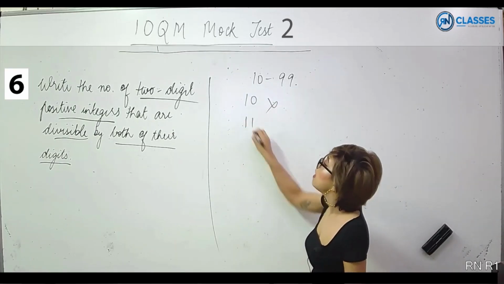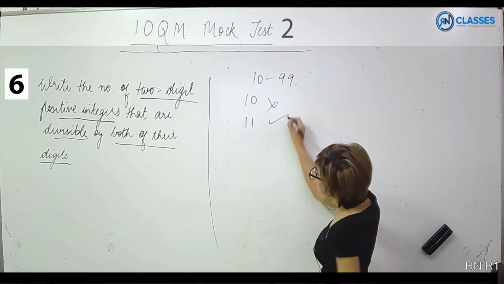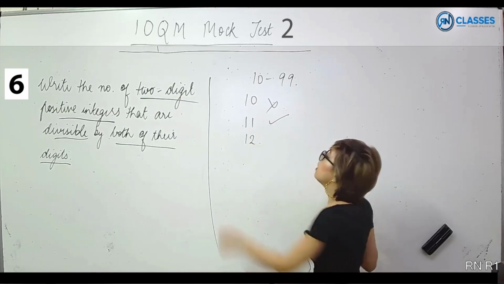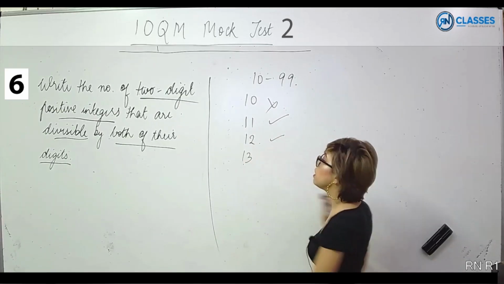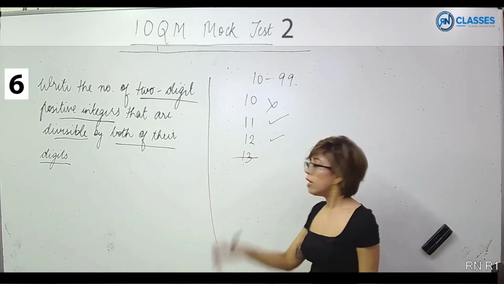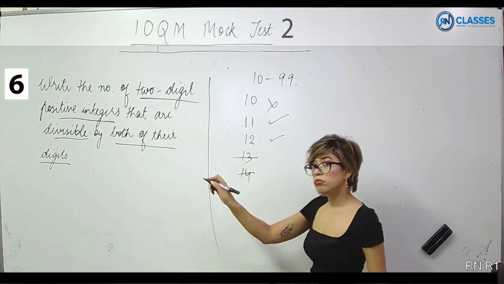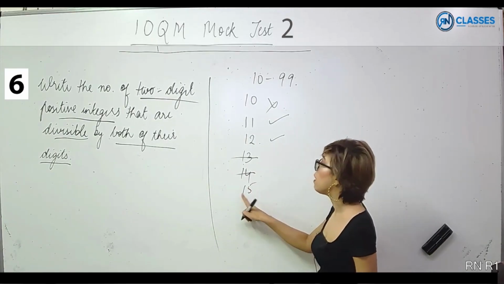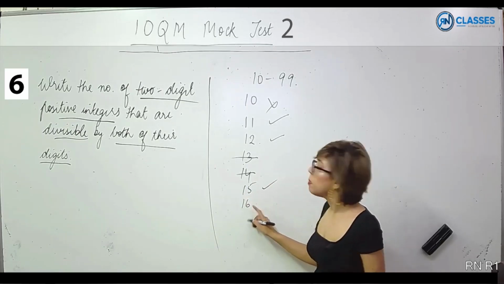Next, let me consider 11. Now 11 is divisible by 1, divisible by 1, so yes. Then let's take 12. Divisible by 1, divisible by 2, yes. 13, divisible by 1, not divisible by 3, no. Then 14, divisible by 1, not divisible by 4, so no. Then 15, divisible by 1, 5, yes. 16, no, because not divisible by 6.